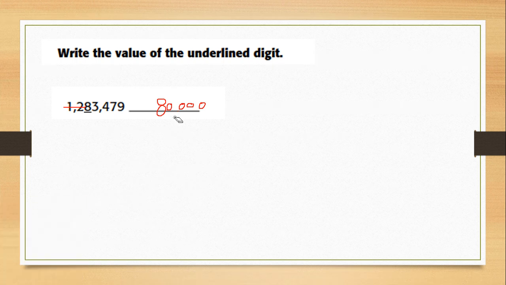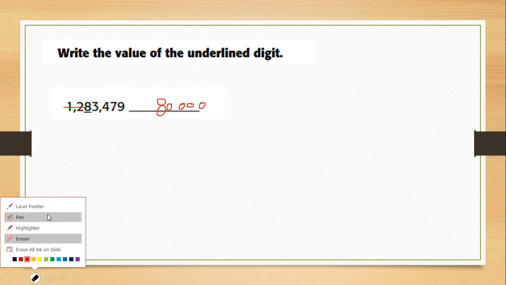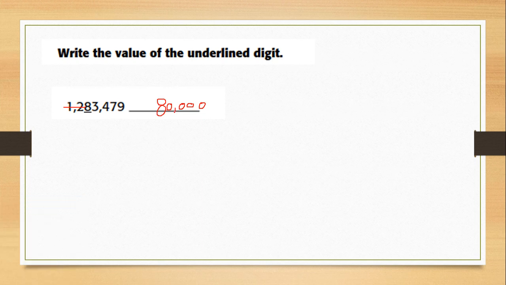You get it? That's great. All you have to do is look for the number that has the underline, write it, then count how many digits before this number and replace these digits with zeros. That's it. See? So easy. It's like a game, right?